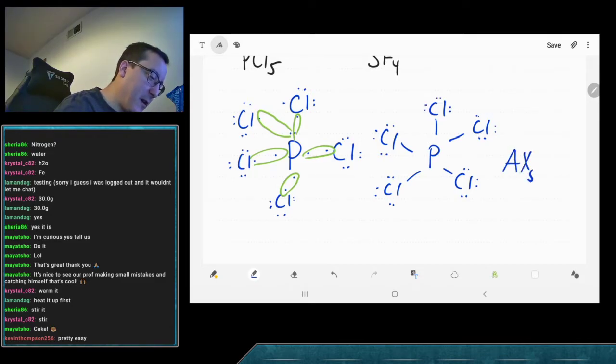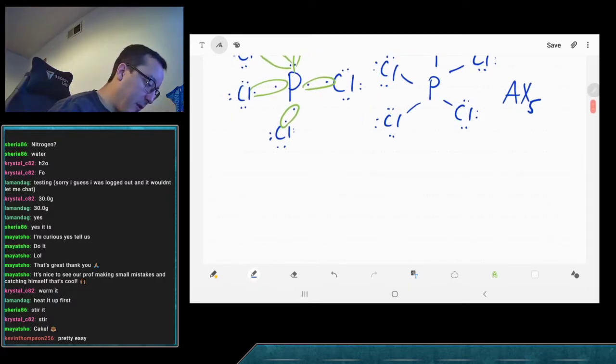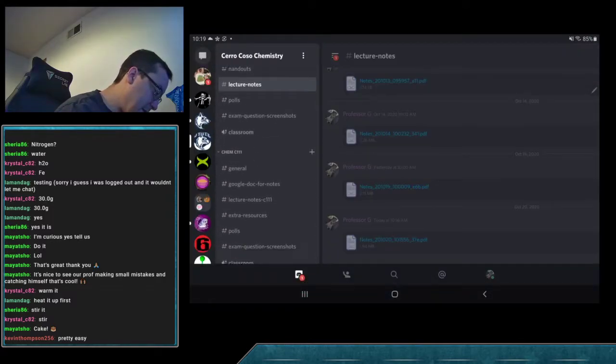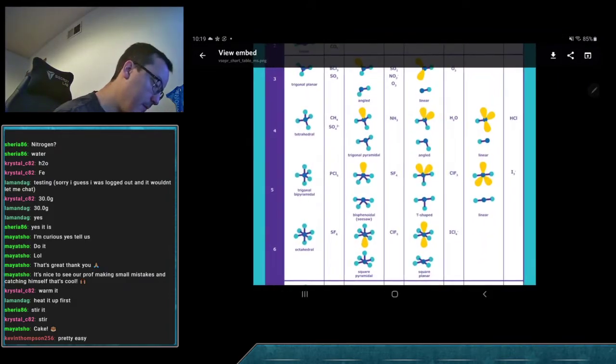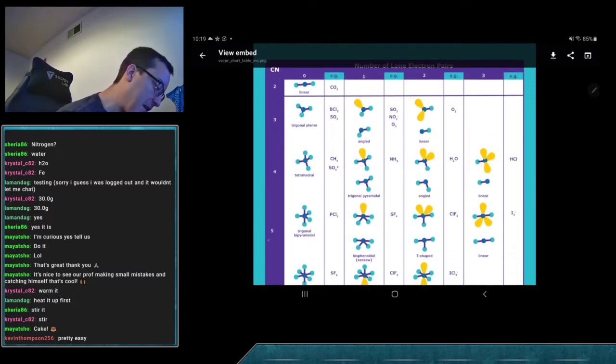So this would fall under the category of AX5. Let's see if we can remember what this shape is going to be. If we forgot, in Discord, somewhere in here, is our handy chart. In fact this particular molecule is written there, but AX5, or 5 electron domains with no lone pairs, is right here. So we would find it and see that this should be trigonal bipyramidal.